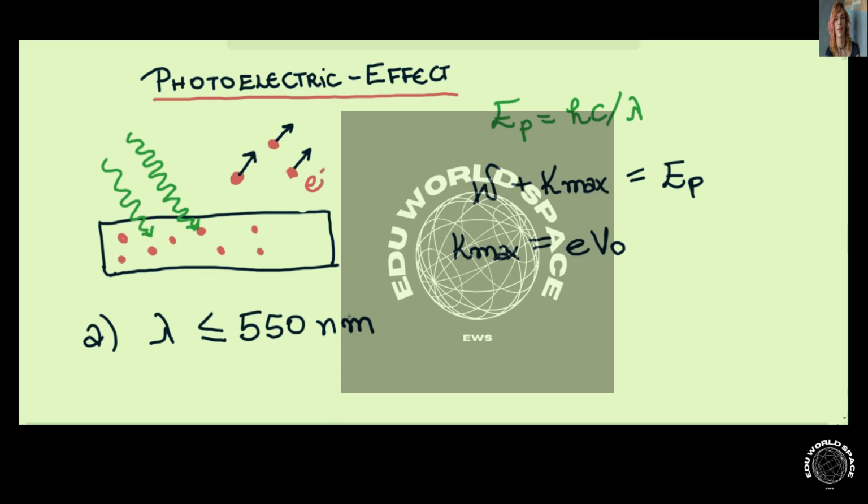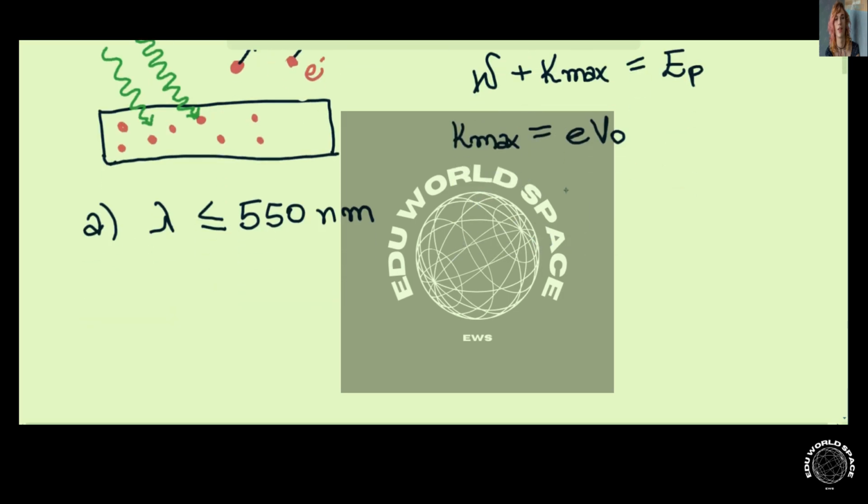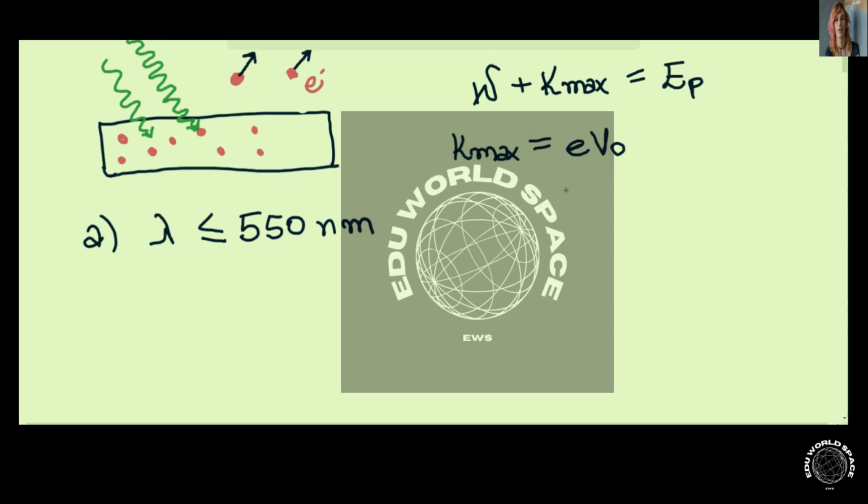Knowing this, the exercise wants us to calculate the work function for the electrons in this material. The work function, remember, is the minimum energy that the photons must have in order to release the electrons.